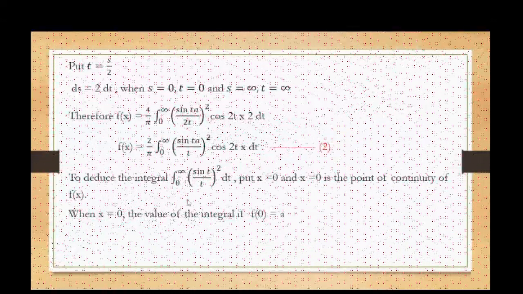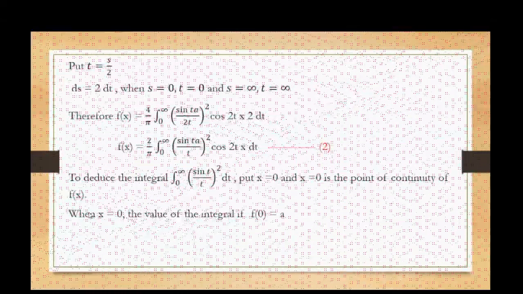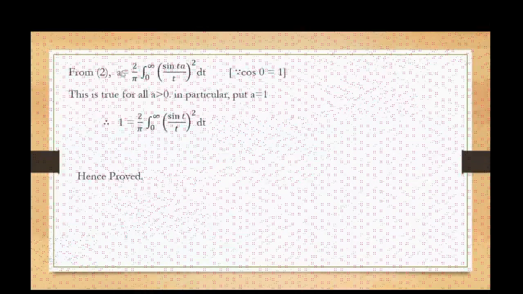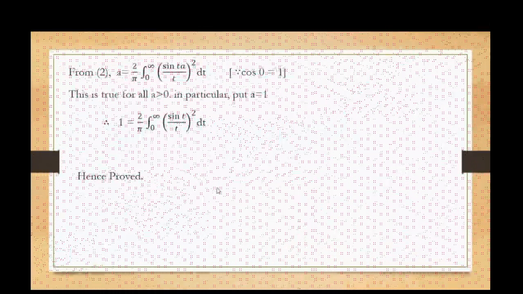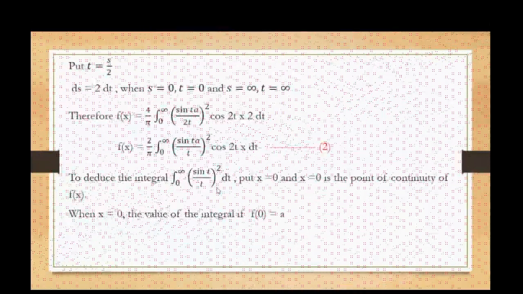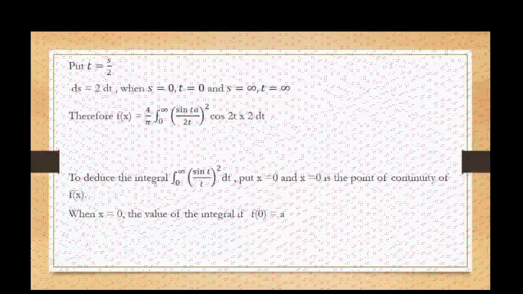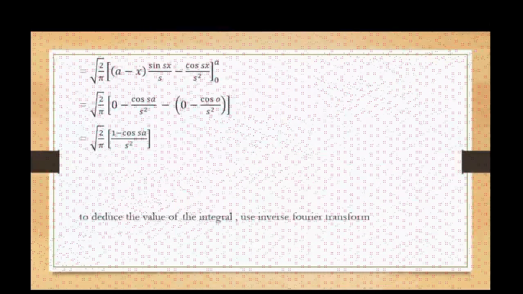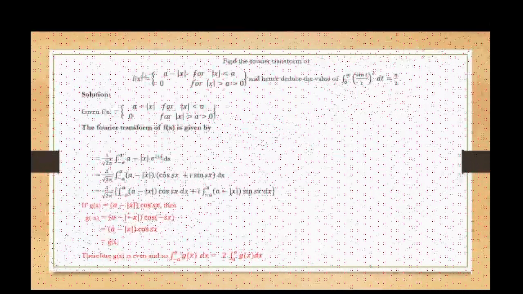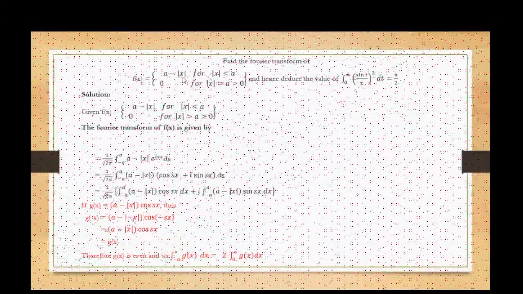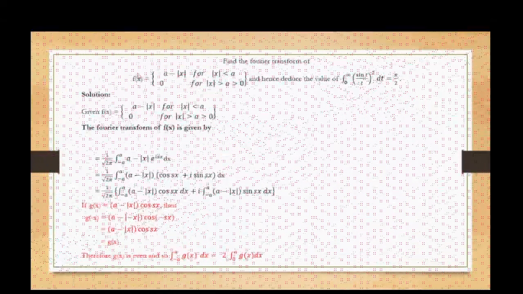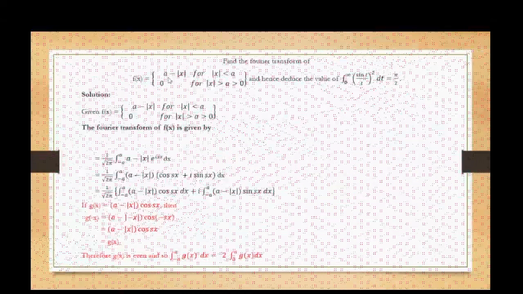When x equal to 0, the value of the integral will be what? Because your function is a minus modulus x, and here x equal to 0 means you will get f of 0 equal to a.